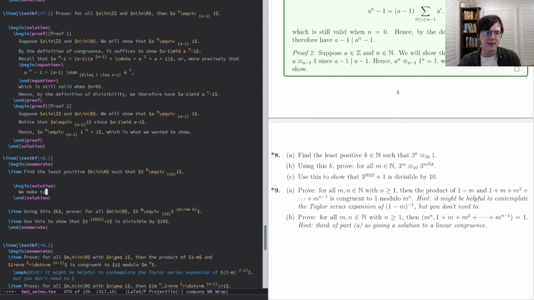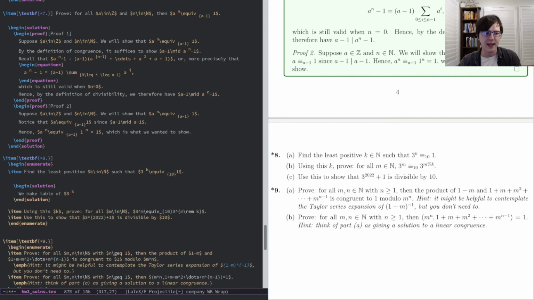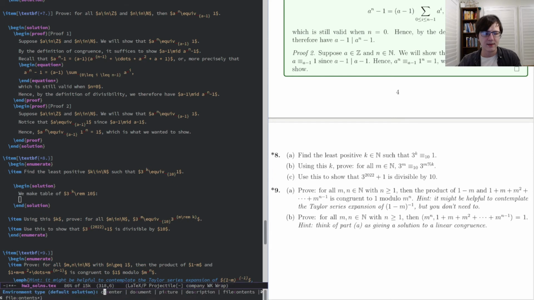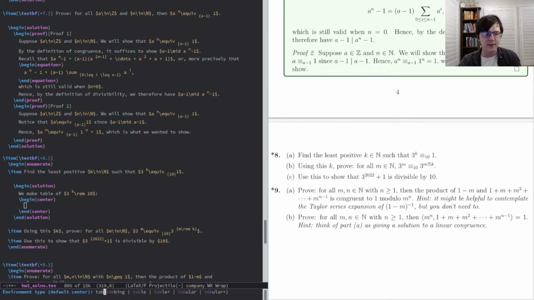Let's make a table of 3 to the k after dividing by 10. Let's see. I got left and right backwards back there. Oops. So the first will be 1, 2, 3, 4, 5, 6, 7, 8, 9, 10.